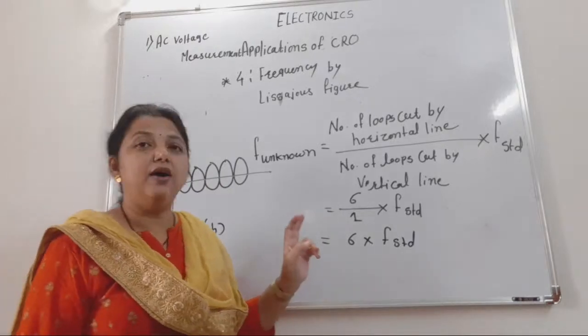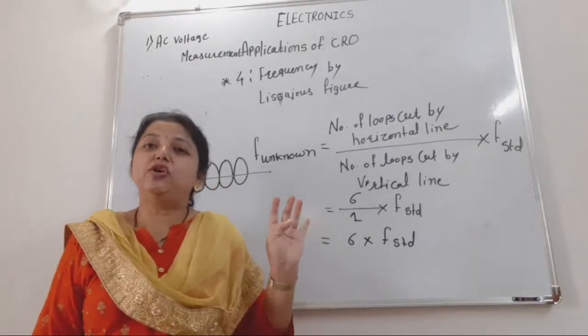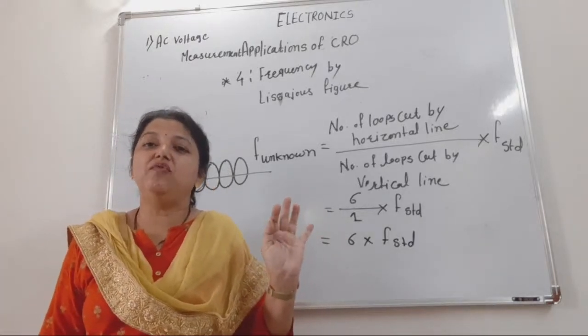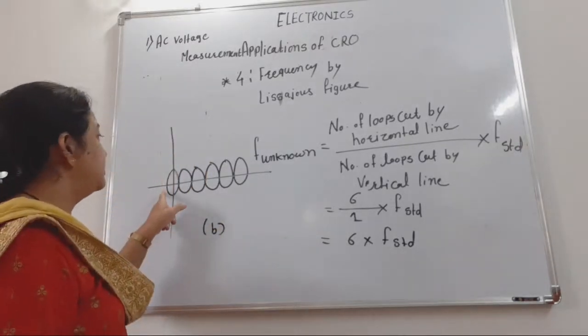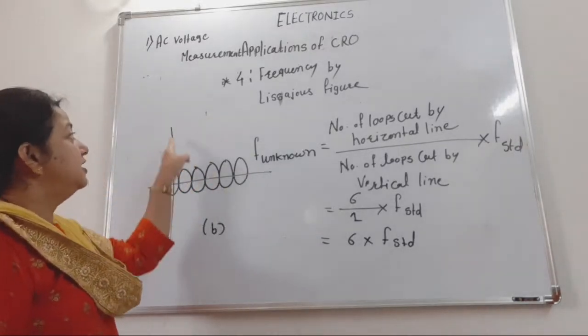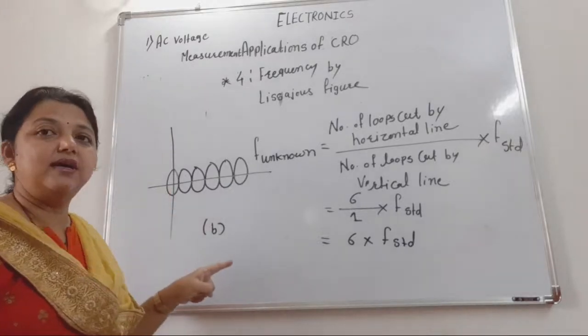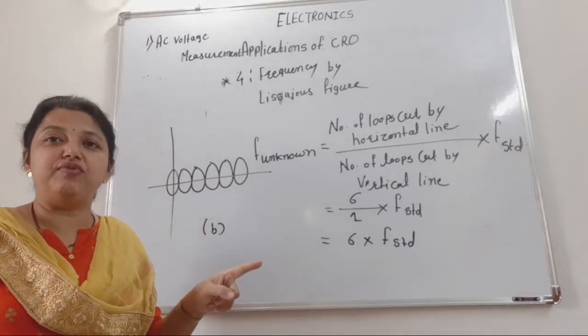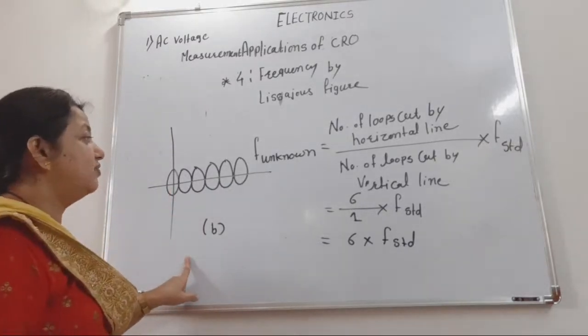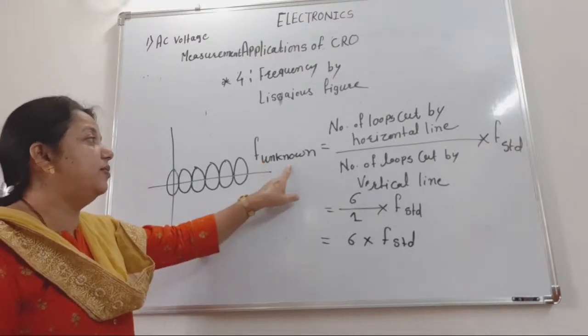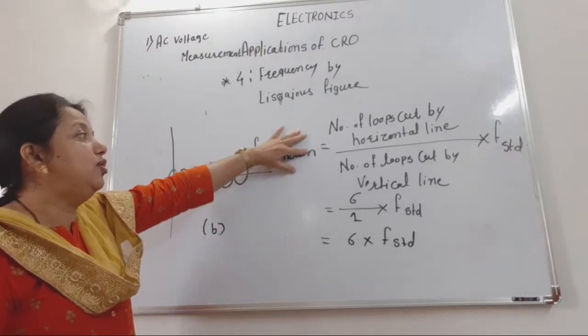Now either an ellipse or circle, or the third and fourth options are like this. Suppose we see a pattern like this or vertical loops like this. They are known as a Lissajous figure. And for that Lissajous figure there is a formula to calculate the unknown frequency.